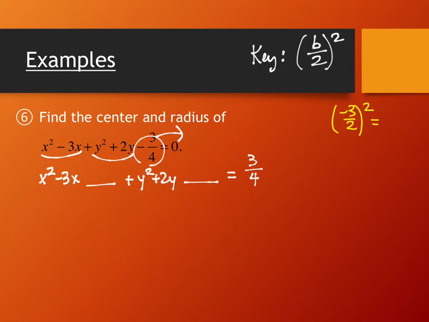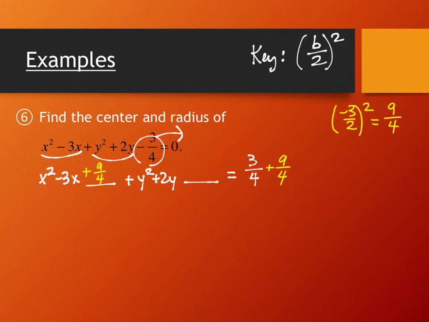Always we get a positive: 3 squared on top gives me 9, and 2 squared on bottom gives me 4. So in that first blank, as unattractive as that might be, I have the fraction 9/4. But that's not the worst thing on the other side, because I already had something over 4. Now I've got 9/4 to add to my 3/4. It balances.